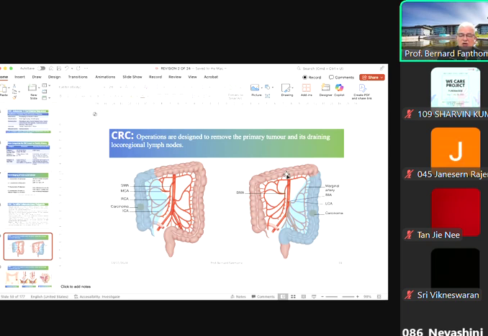So for transverse colon lesions, we do an extended right hemicolectomy. For right colonic lesions, right hemicolectomy. For left colonic lesions, left hemicolectomy.